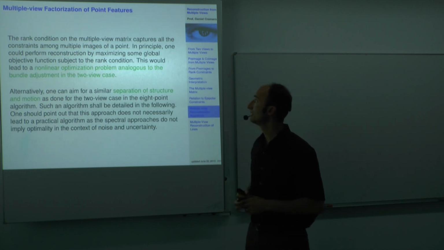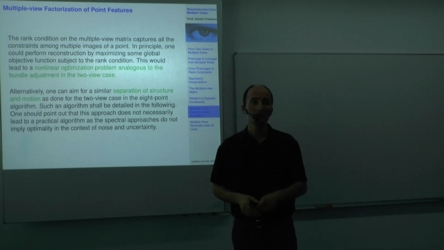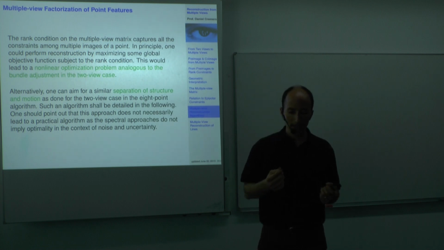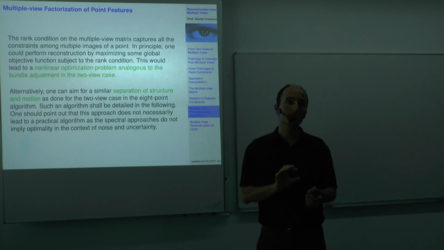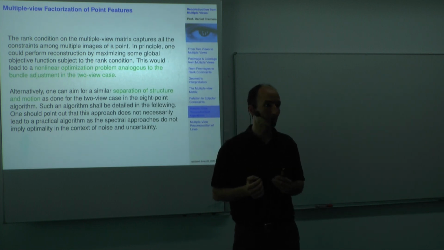Today I wanted to talk about how to use the multi-view approaches to do structure and motion reconstruction. The idea, you remember, is that we try to follow along the lines of the 2-view case. That is to say, we are trying to reproduce, in some sense, the 8-point algorithm.